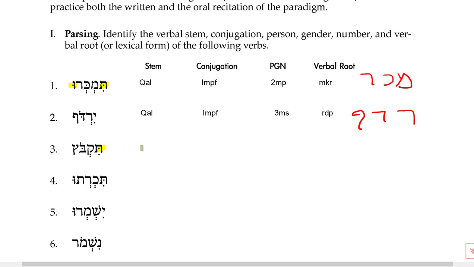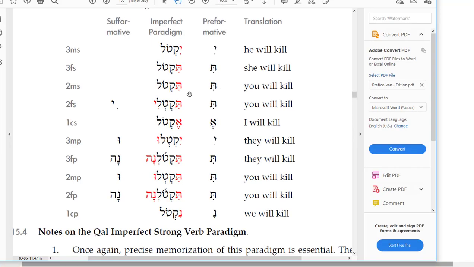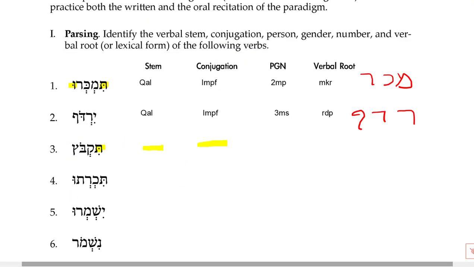And so again, Qal imperfect, we don't need to write those out. With the tav as the prefix, now let me go back and look at the chart one more time. We've got tav prefix, no suffix. We've got both third feminine singular or second masculine singular. And context will tell us which one of those is true. So I will put them both down.